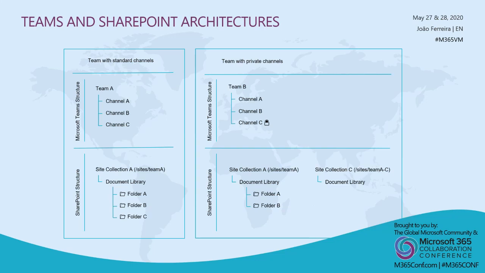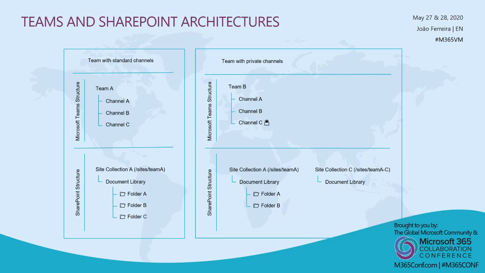On SharePoint, however, things are a bit different. Each private channel, instead of having a folder inside of a document library, has its own site collection. Well, they are not site collections with the full power that site collections normally have.